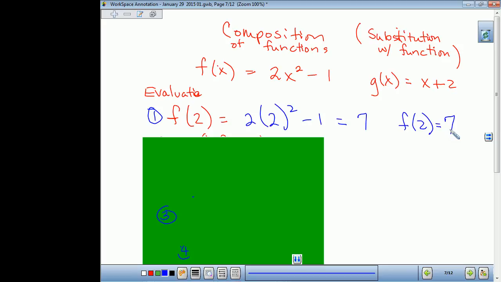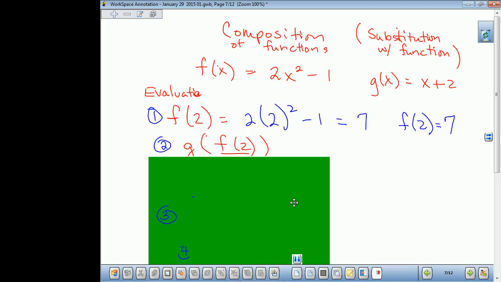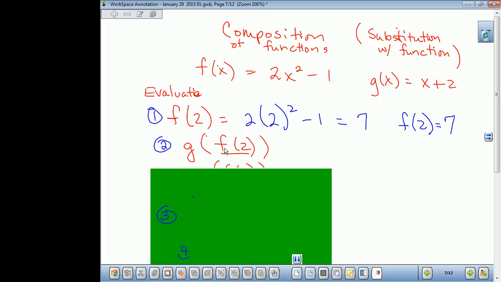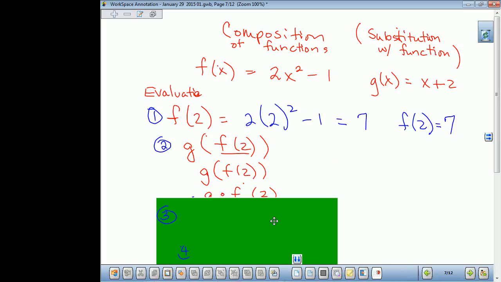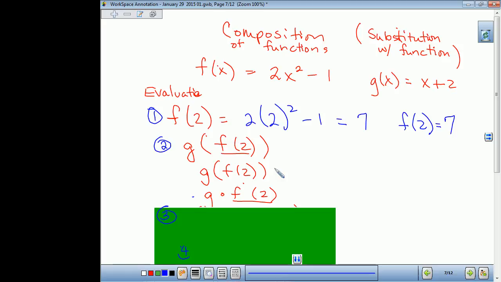All right. Now, the new part would be a composition with that. We find F of 2, and then we plug that into G. And we can write that a couple ways. It can be written G of F of 2, or with this open circle. Now, this composition you'll see here at high school and college is what you mainly see in upper level mathematics.